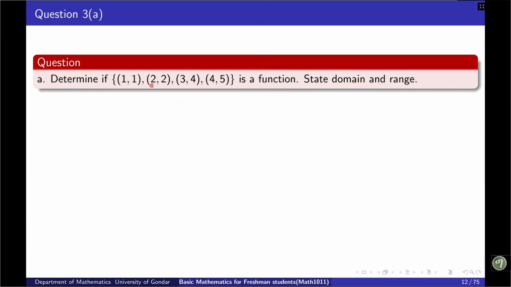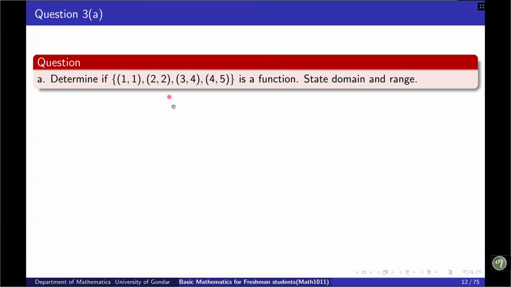We know that for the given relation to be a function, each and every element of the domain must be paired with exactly one element within its range. That means there must not be any element of the domain of the given relation which has more than one image. So that is the mathematical definition of a function.